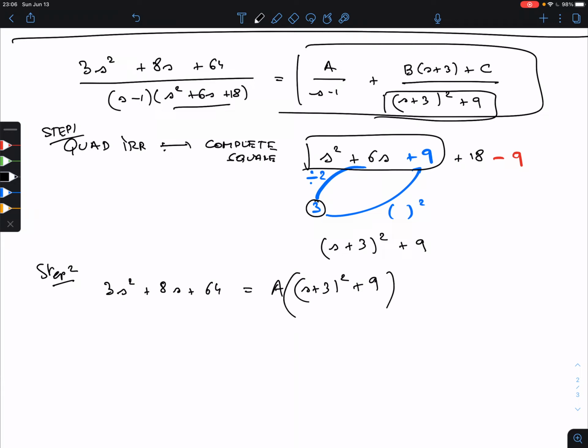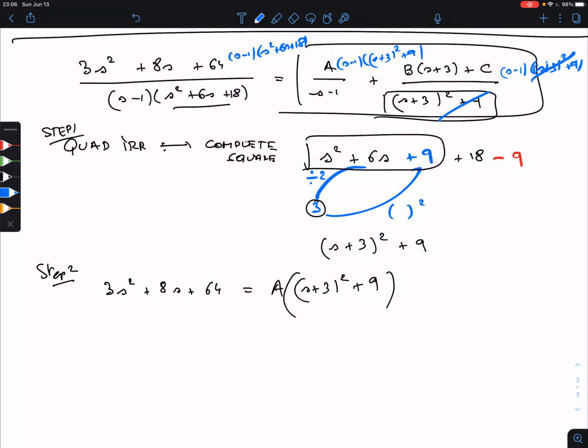Okay, and then if I multiply this fraction with this whole denominator, of course these two cancel, this and this cancel, so there's an s minus 1 left. Perhaps I should write it here, otherwise people get confused: s squared plus 6s plus 18. So here we multiply with s minus 1 times s plus 3 squared plus 9, and here we multiply with s minus 1 times s plus 3 squared plus 9.